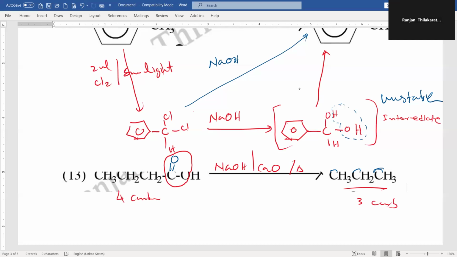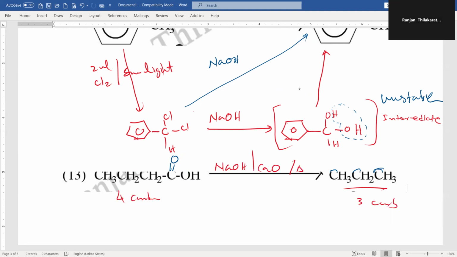If you need to remove just 1 carbon from the carbon chain, then you can convert the terminal carbon atom into a carboxylic acid, and then add soda lime, then you will remove it and get the corresponding alkane.